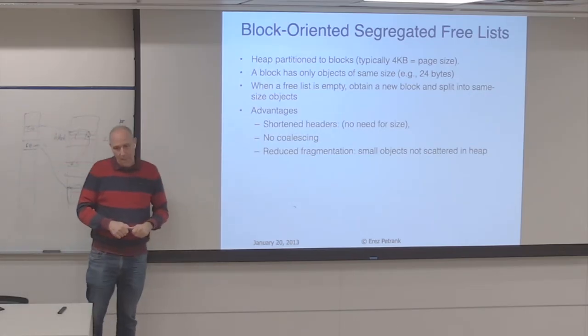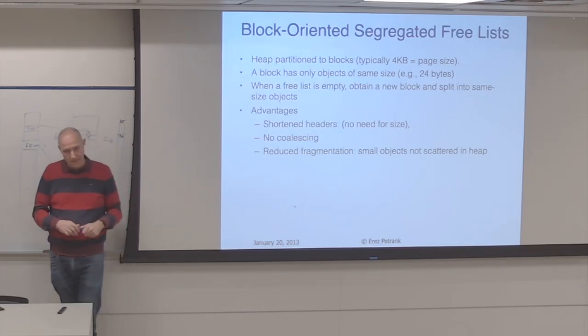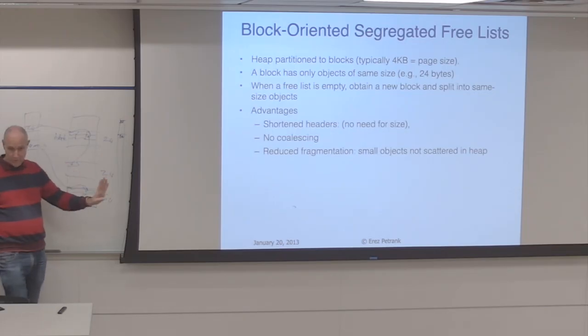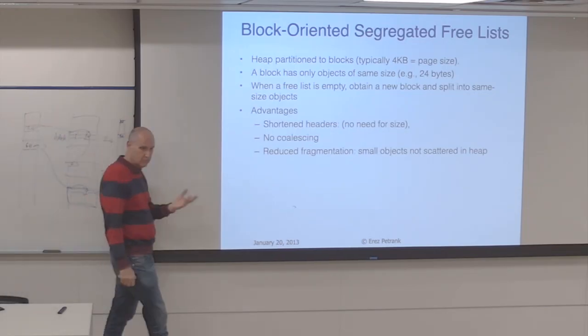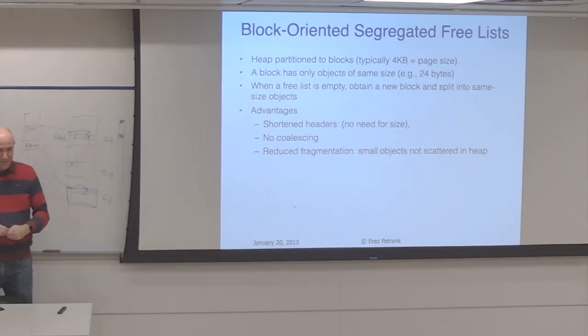Yeah, if I'm only using one object of size 24, the rest is unused. Luckily, this doesn't happen in normal programs, but you could write code that will do just that, and you will be very wasteful.